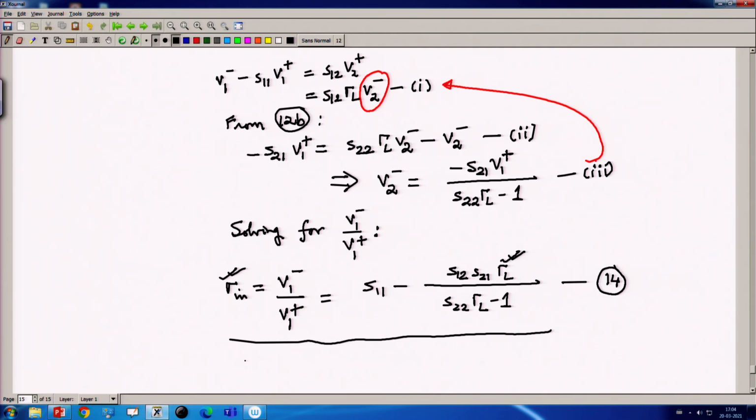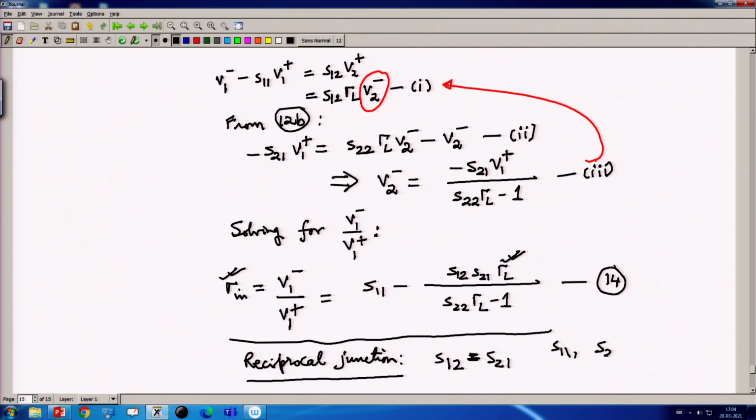Now, for a reciprocal junction, or a reciprocal network, S12 equal to S21. So, there are 6 independent parameters in the network, and what are they?